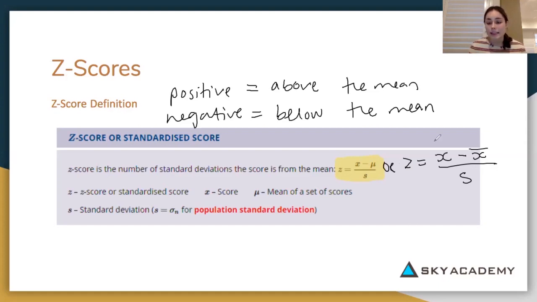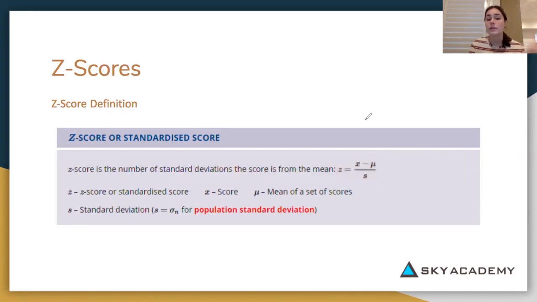Personally, I like this one better. Z equals the Z-score, X equals the score that you've been given, this symbol here is just the mean of the set of scores, and S is simply the standard deviation. Remembering this formula, you can find the Z-score, which is just telling us how many standard deviations above or below the mean a certain mark is.